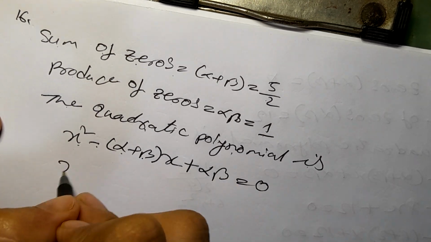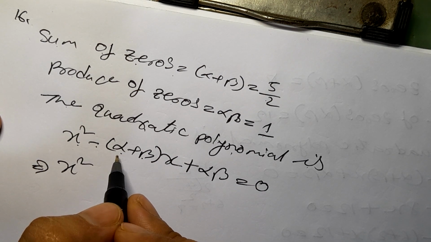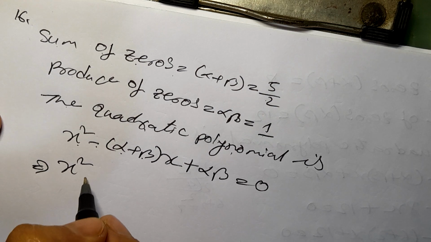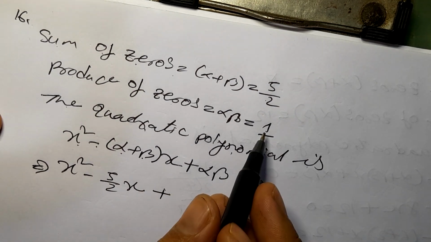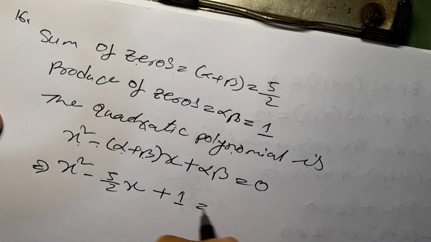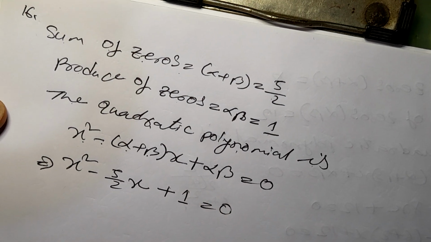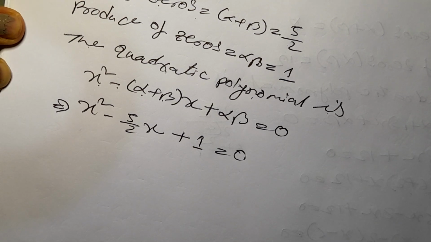Now put it, x square, values of sum of zeros, that will be 5 by 2 minus 5 by 2 x plus product of zeros, that is alpha beta is 1. Whenever a quadratic equation has to be in the form without fraction, we have to remove the fraction.